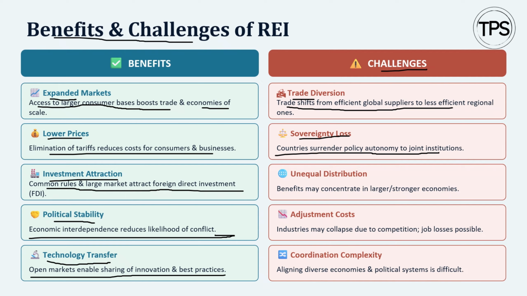That's why sovereignty loss is there, because countries have to surrender their policy autonomy to get into these integrations. Then unequal distribution: benefits may concentrate in larger, stronger economies.